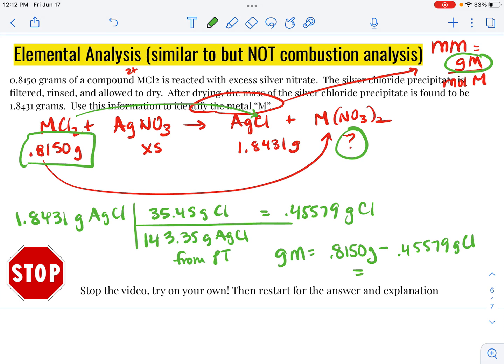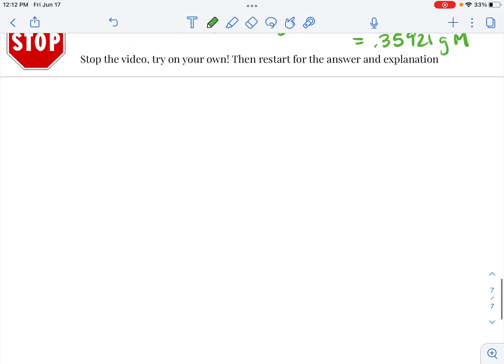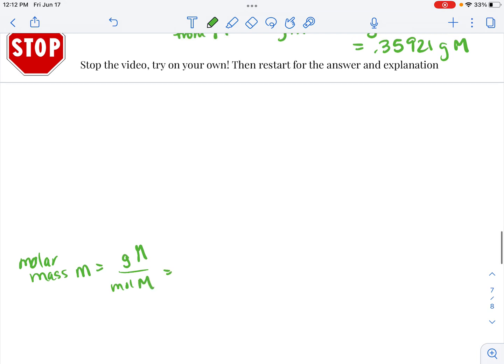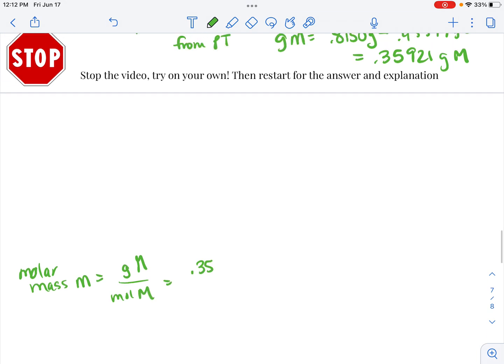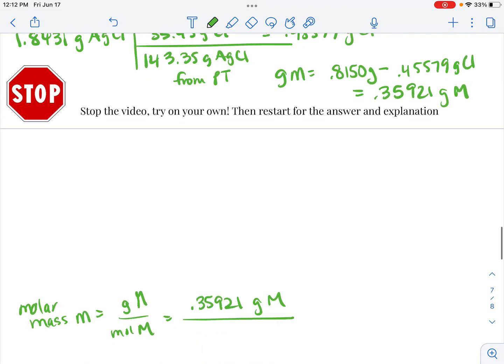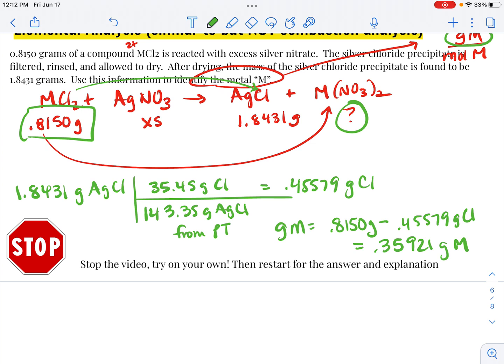And that's going to give me 0.35921 grams of M. I'm going to come down here. At the very bottom, I need molar mass of M to be able to identify it as grams of M over moles of M. And I now know the grams of M, 0.35921 grams of M. So I still need to do work to figure out the moles of M, but at least I know half of this.